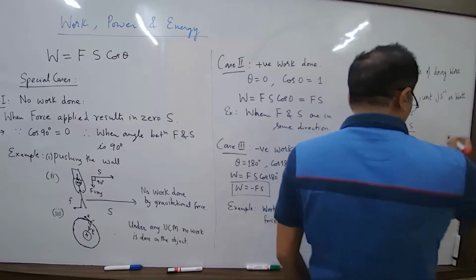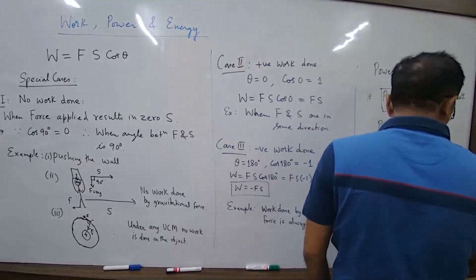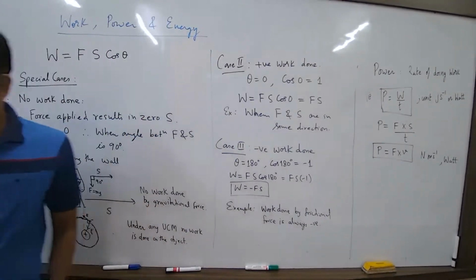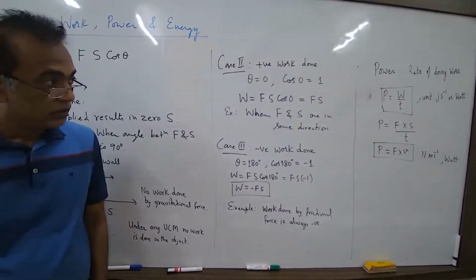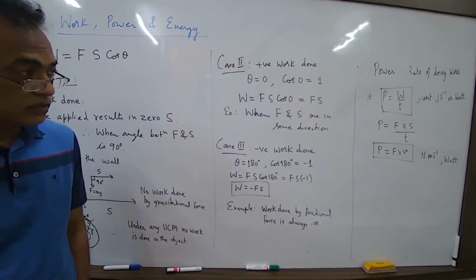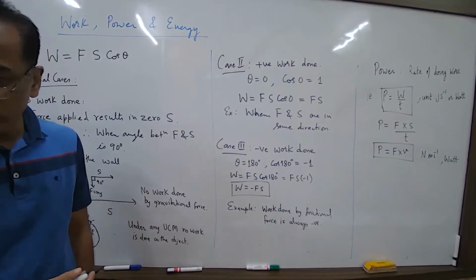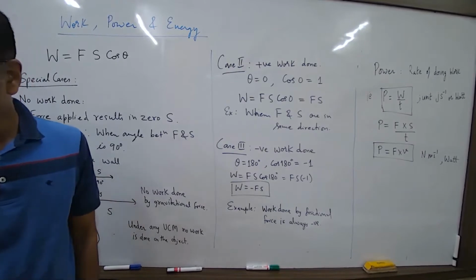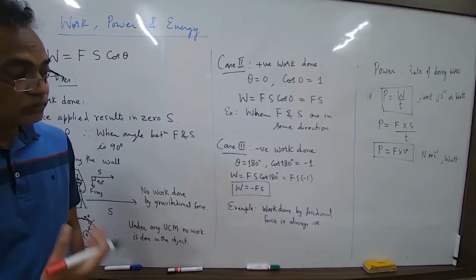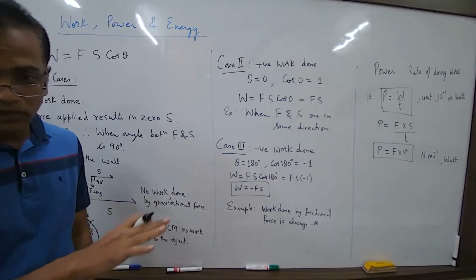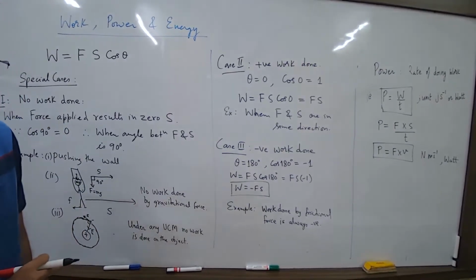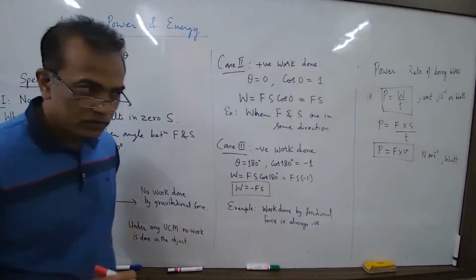Any object on which force acts and it causes a velocity v in it, the product of force and velocity is the power. It's the amount of work being done on the object by the force per unit time. That's what it is. You can write it here.